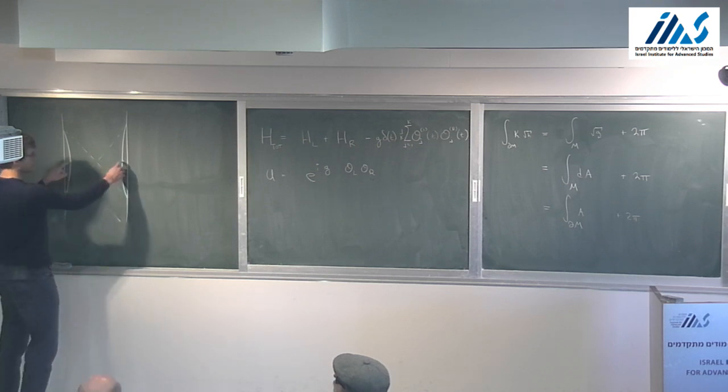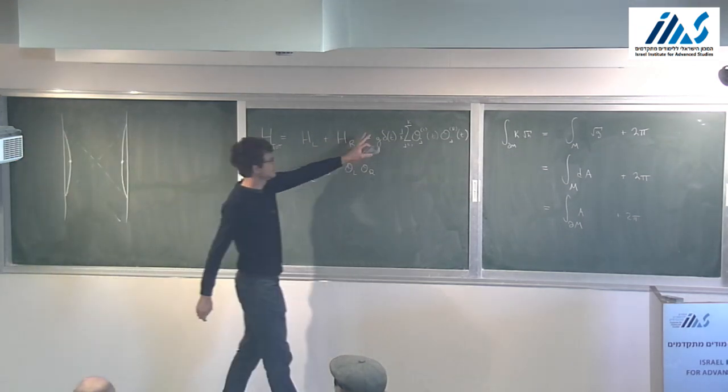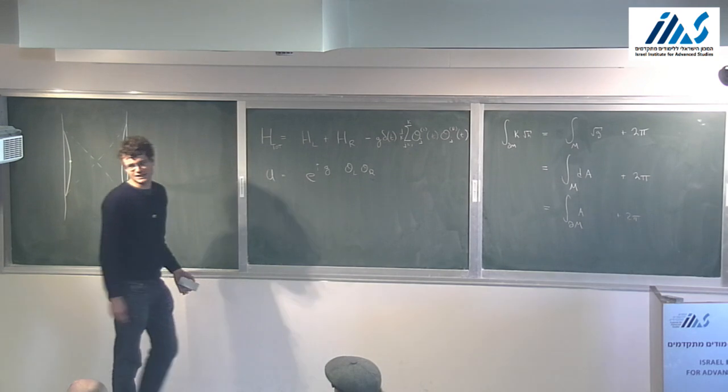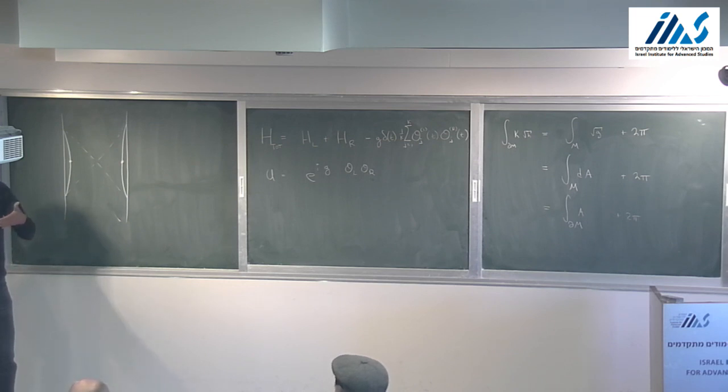And the 2-point function between these operators will be larger if the boundaries are closer together. Because of this minus sign, that means that the potential energy will be less if the boundaries are closer together. So adding this term to the Hamiltonian gives us a force which pushes the boundaries closer together.